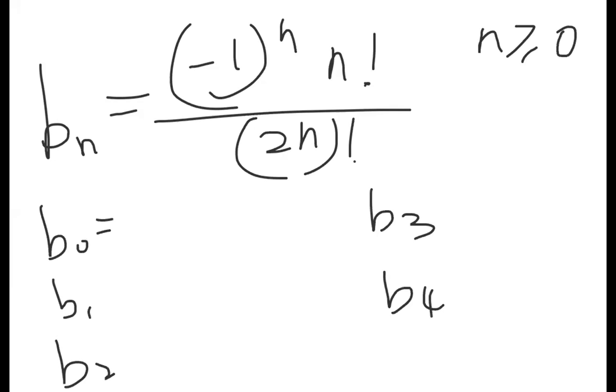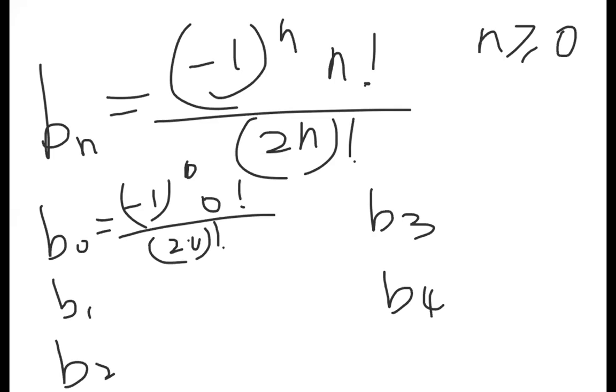B0 is -1 to the 0 power, times 0 factorial over 2 times 0 factorial. Well, -1 to the 0 power is 1, and 0 factorial is also 1, so the numerator is 1 times 1. 2 times 0 is 0, and 0 factorial is also 1. So the result is 1.